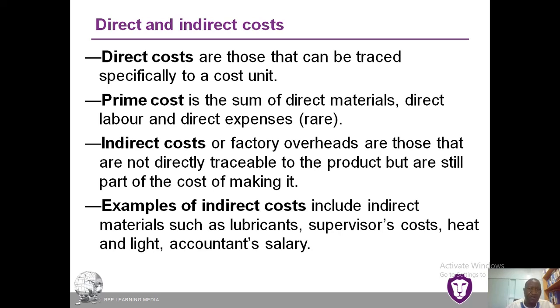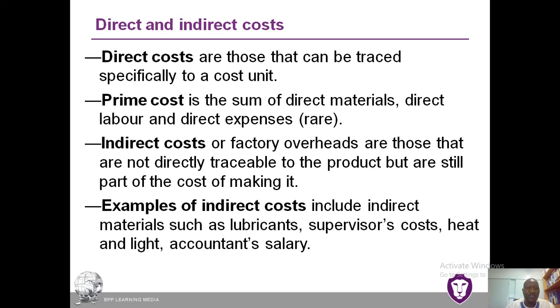Direct costs are those costs that can be traced specifically to a cost unit, and the total of the direct costs are called prime cost. So what is prime cost? It is simply the total of the direct costs.